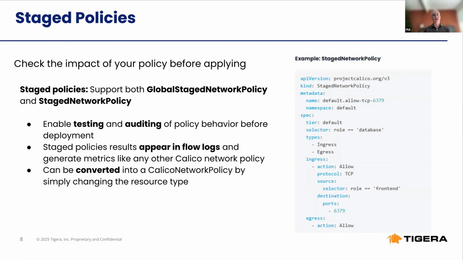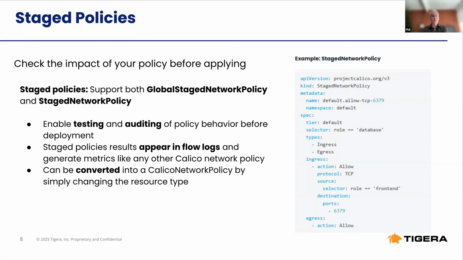The only difference is that when you define one of these policies, it won't take action on packets. It won't actively enforce that policy. It allows you to test and audit the behavior of that policy before you actively enforce it. The other cool thing about this is staged policies appear in flow logs. That's one of the ways in which you can test and audit these policies.